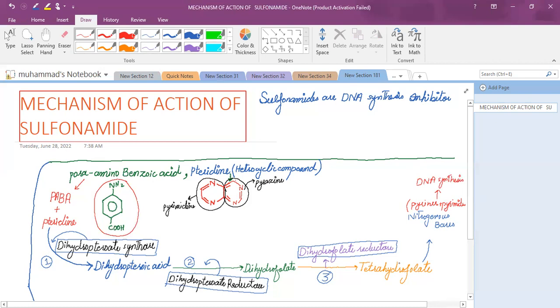So here the question arises: how is tetrahydrofolate going to make the nitrogenous bases like purines and pyrimidines? This tetrahydrofolate provides some functional groups.